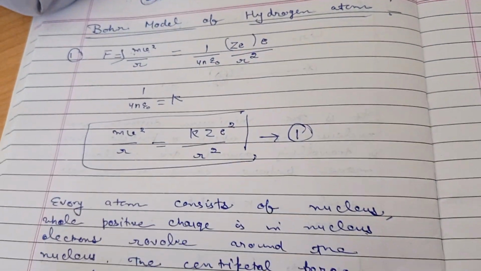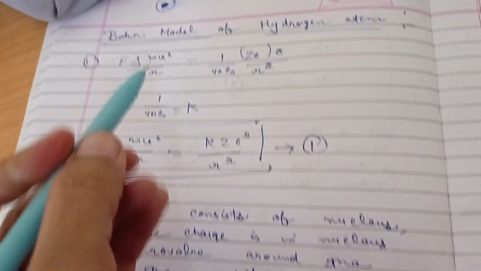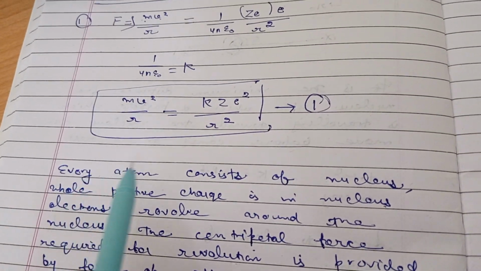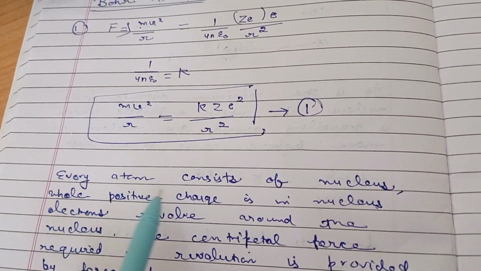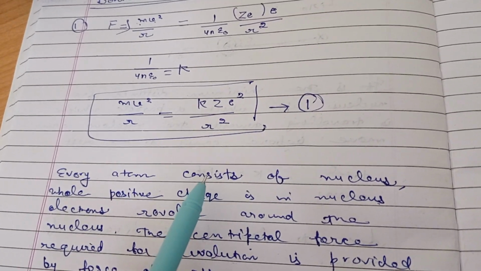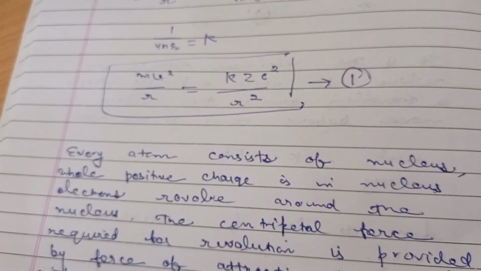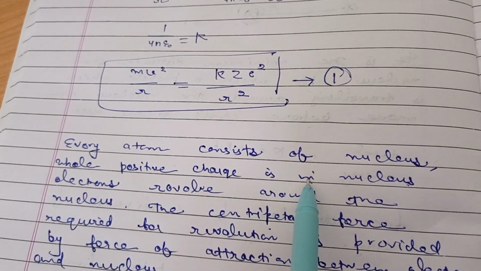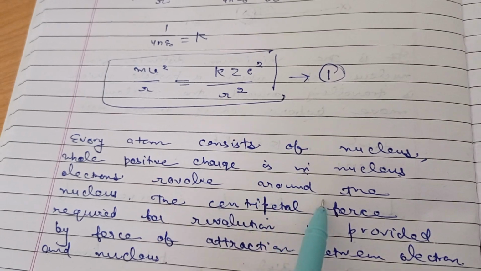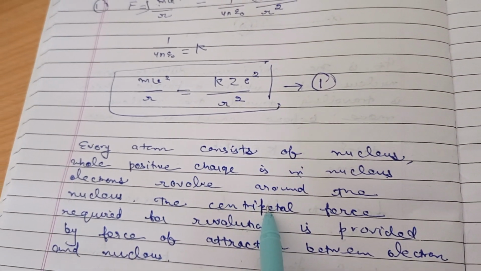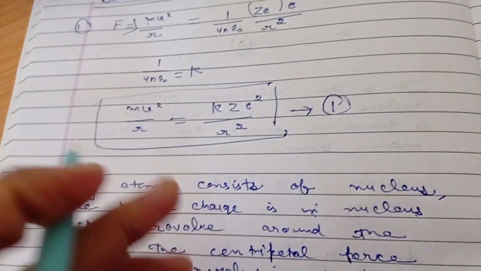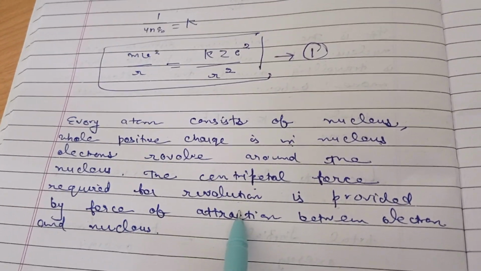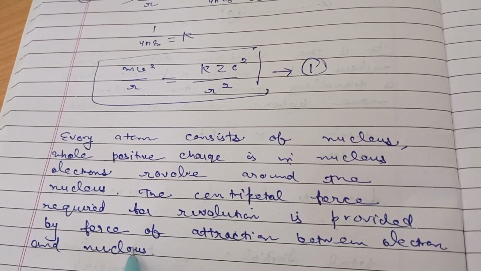I think it's clear to you. I am re-explaining. The first postulate is that Bohr said in his model that each atom consists of a nucleus and the whole positive charge is in the nucleus, meaning the entire mass is concentrated at the center of the atom, known as the nucleus, and the electrons revolve around the nucleus. The centripetal force required for the revolution of the electron is provided by the force of attraction between the electron and the nucleus.